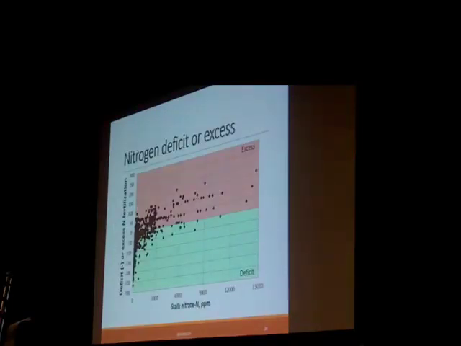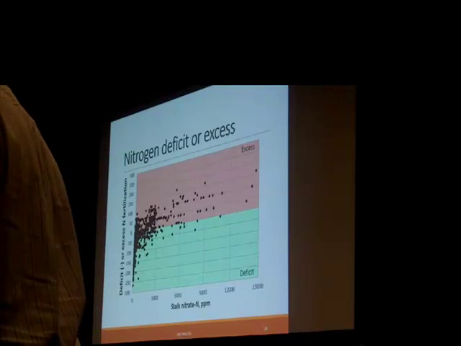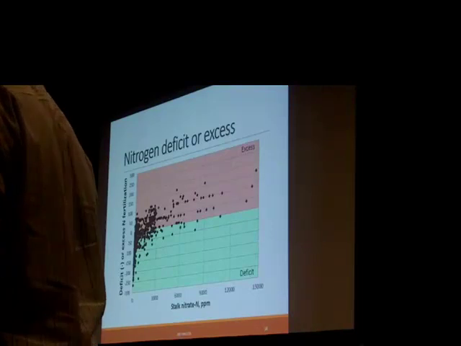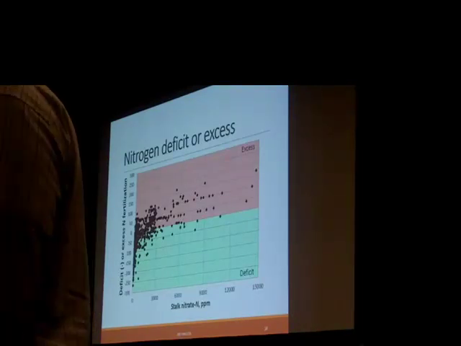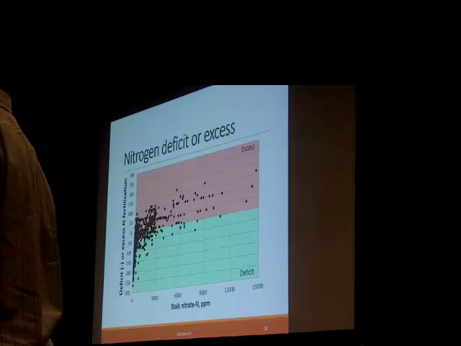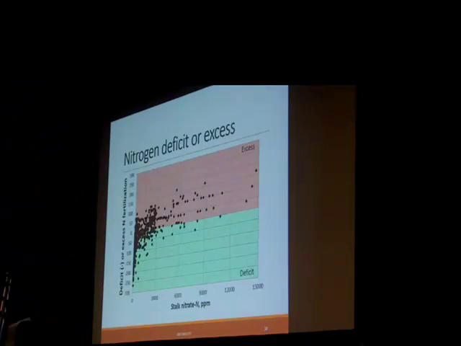This just illustrates the excess, and you see at these above 4,000, you're starting to get 50 and 100 and 150 pounds too much nitrogen provided to those plants. And we do see levels up around 15,000 parts per million, which is 1.5%, which is higher than the concentration of nitrogen in the grain at the end of the season.